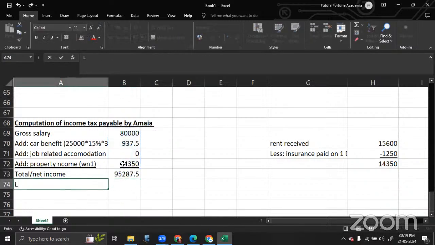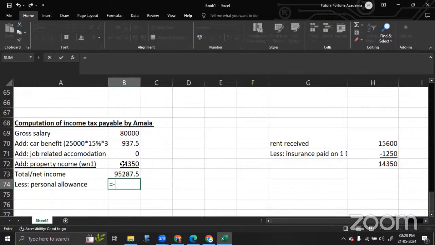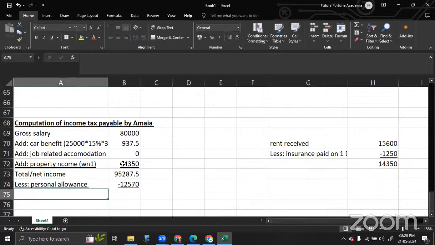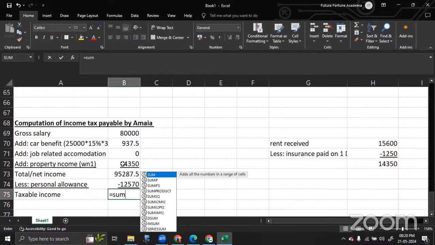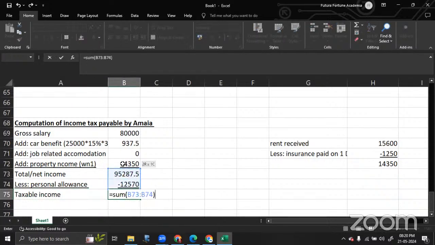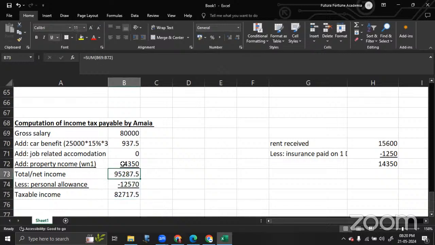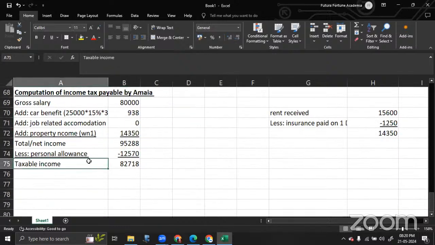From this, you have to deduct personal allowance. Your adjusted net income is less than 1 lakh. So you are eligible for the full 12,570. So therefore, your taxable income is equal to 82,718.